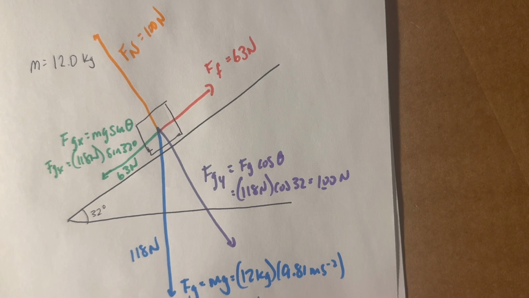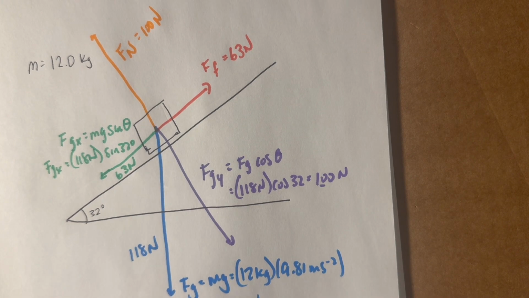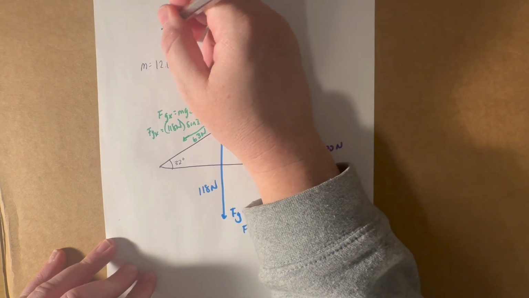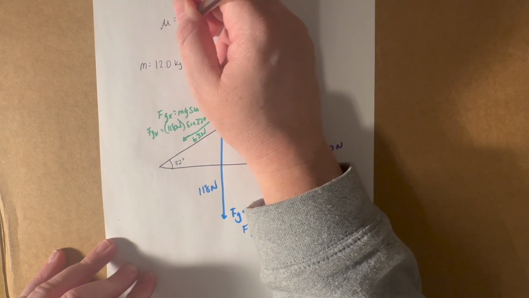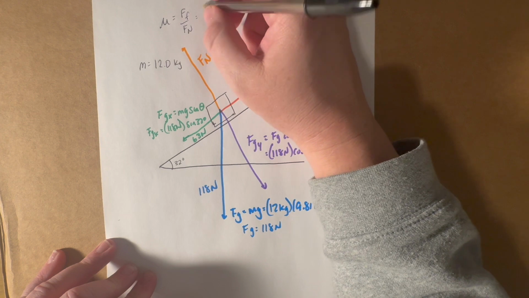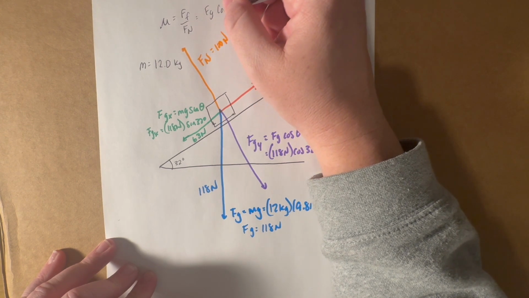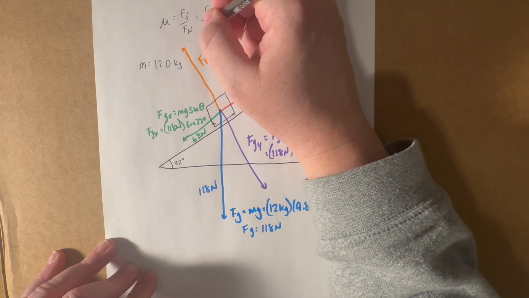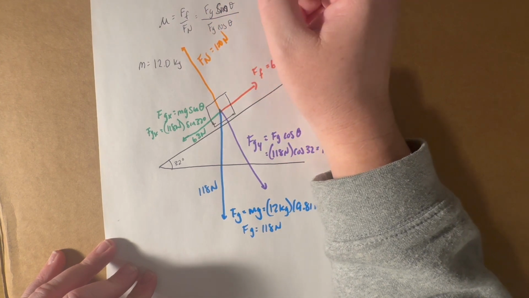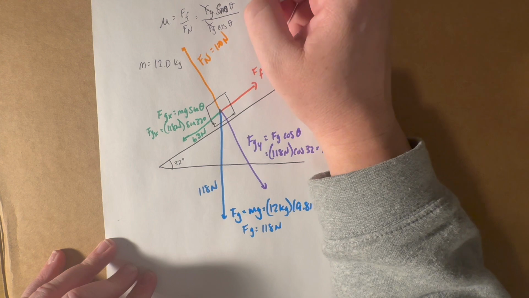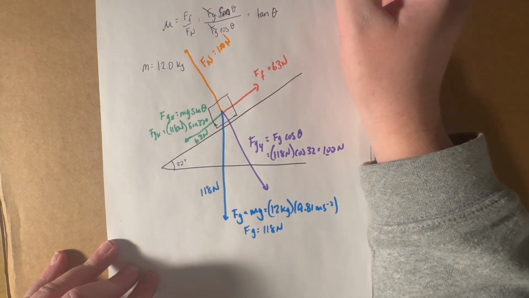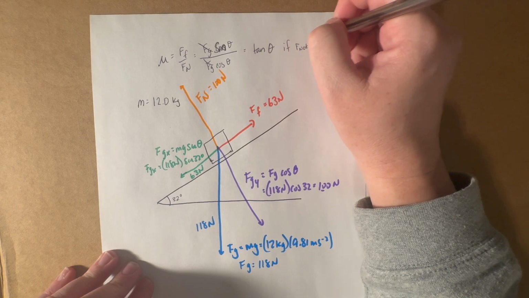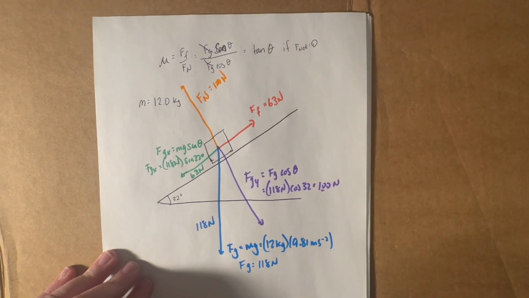If we're in a situation like this where net force is equal to 0 and we're looking for the coefficient of friction between those two surfaces, we know that our coefficient of friction is equal to our force of friction over our normal force. Our force of friction is Fg sine theta, and our normal force is Fg cosine theta. And those cancel out, and sine theta over cosine theta gives us tangent theta. So in this situation, we can do this because our net force equals 0.